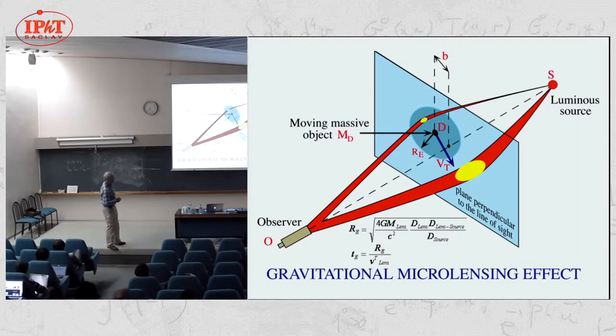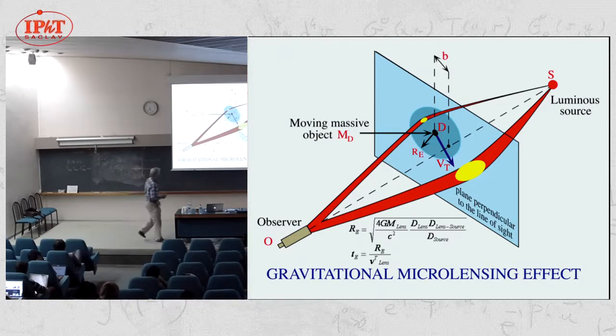But the angular separation between the two images for microlensing is extremely small, of the order of microarcseconds. So it has not really been detected so far. But the observer receives temporarily more light from the source than would come from the direct, undeflected line of sight.